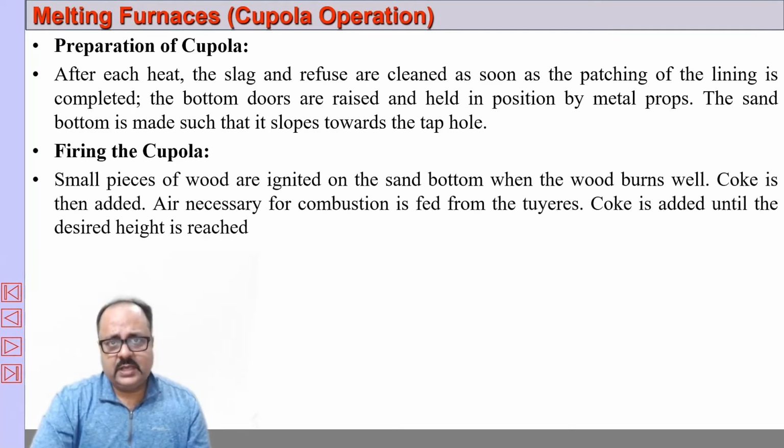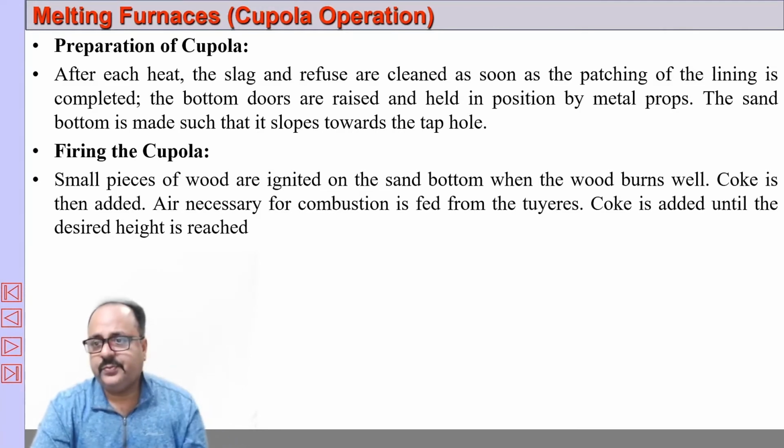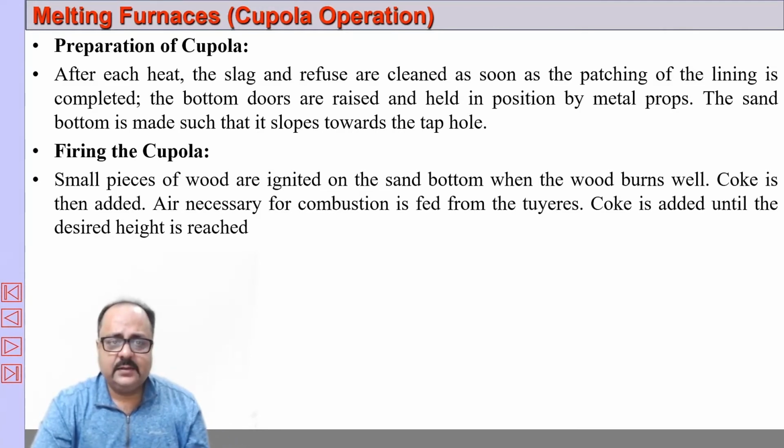So how do you start the cupola? First, you should close or clean everything. Then close the doors with the metal props and build the sand slope towards the tapping hole. And then small pieces of wood are ignited on the bottom of the sand. Then coke is added and air necessary for the combustion is fed to the tuyeres.